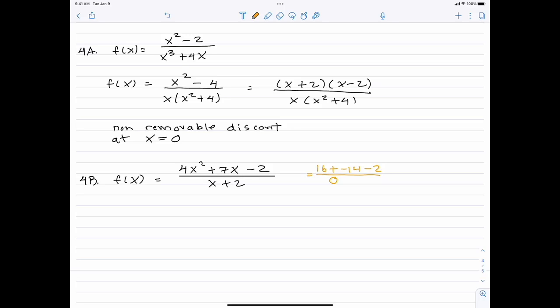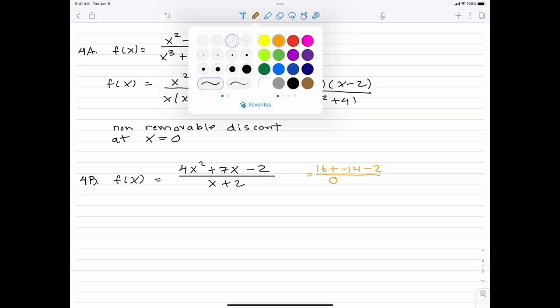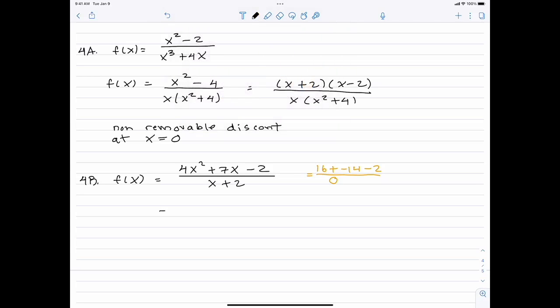Because it's indeterminate, I should be able to cancel out something from top and bottom. Let's find out if that is true. How does this factor? Let's go with 4x positive 2x minus 1. Is that how that works? Let's see, 8x. Yeah, that looks good.